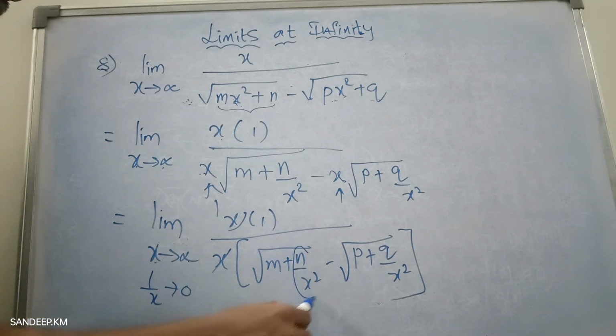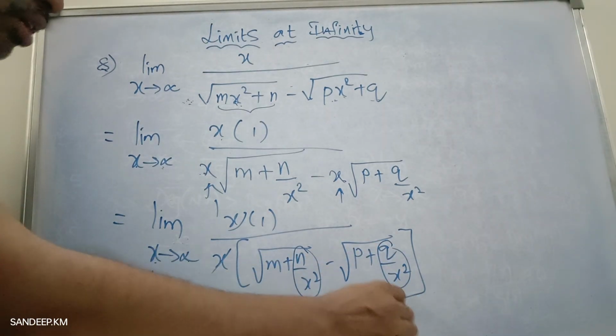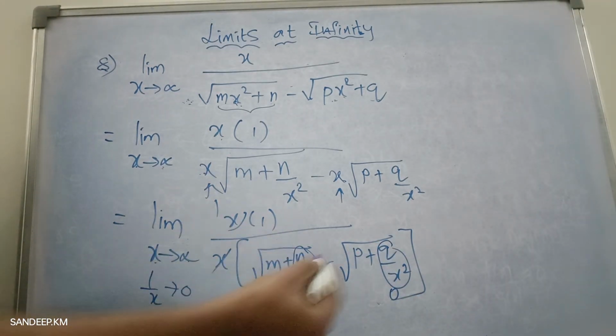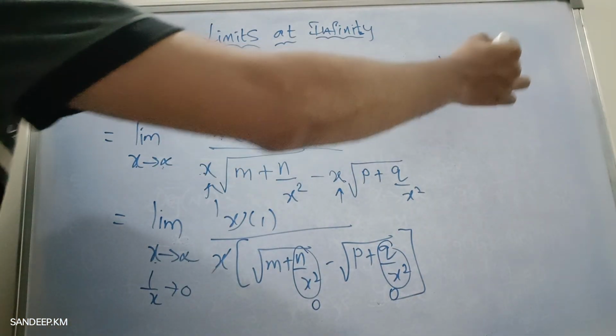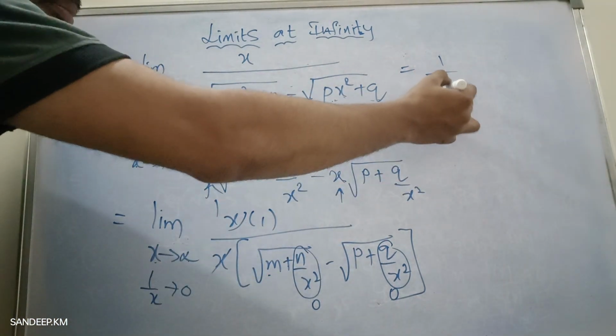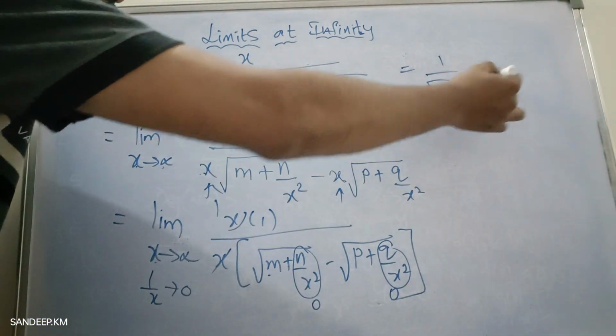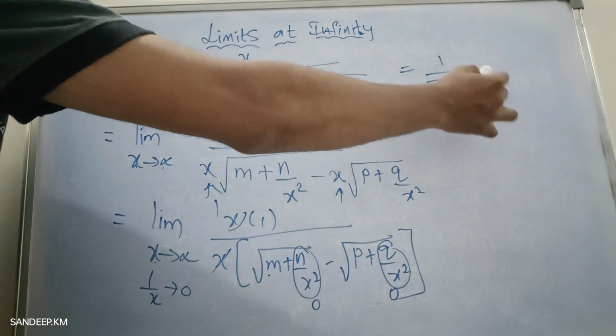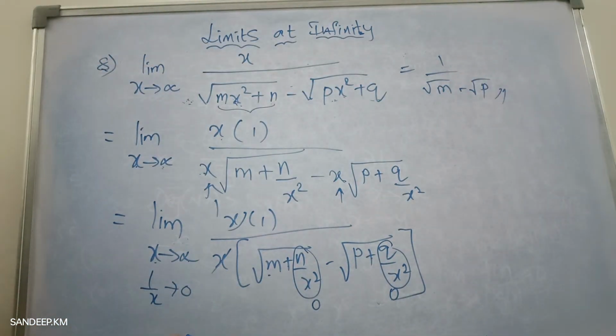Therefore, look at this, n by x square will become 0. Q by x square also will become 0. Now what happens to the answer? The denominator is root of m plus 0, which is m, minus root of p plus 0, which is p. This is the answer: 1 by root m minus root p.